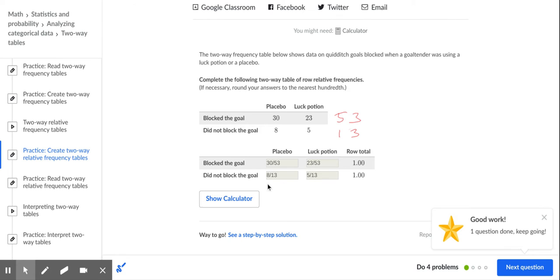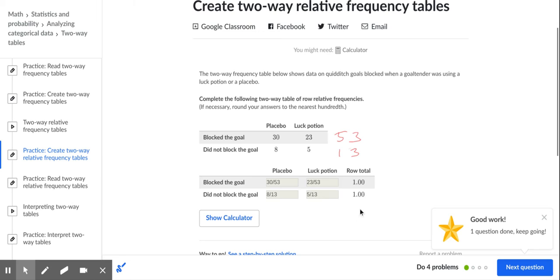If the ones had been down here, then it would be the percent of placeboed people that blocked goals or didn't block goals, and then the percent of luck potion people that blocked goals or didn't block goals. You see the difference? It's a little weird, but these ones are basically telling you which direction to do the adding, whether it's right, left, or up, down.